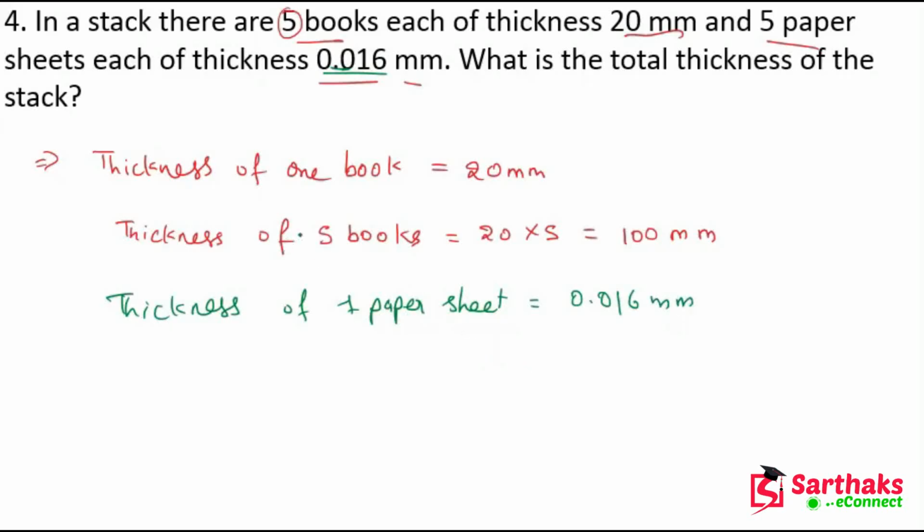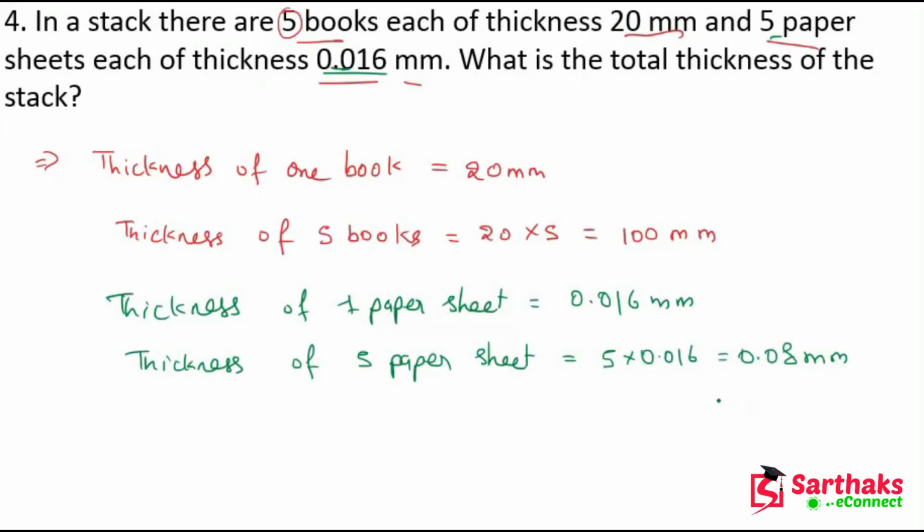Okay, so the thickness of 5 paper sheets is equal to 5 into 0.016, and this will be 0.08 mm. Okay, my dear friend, I hope you get this point.